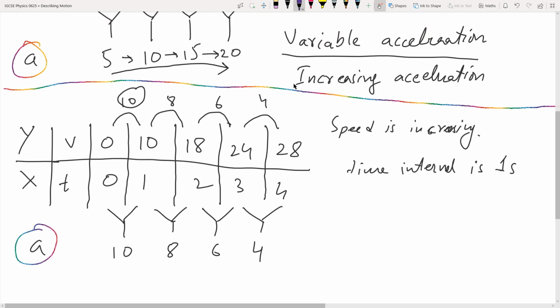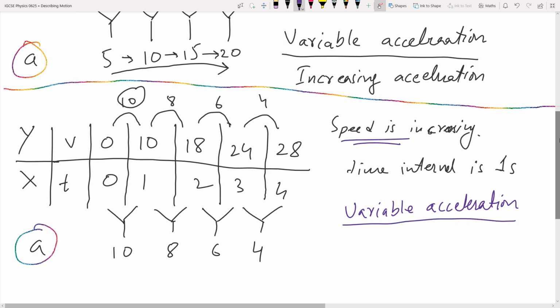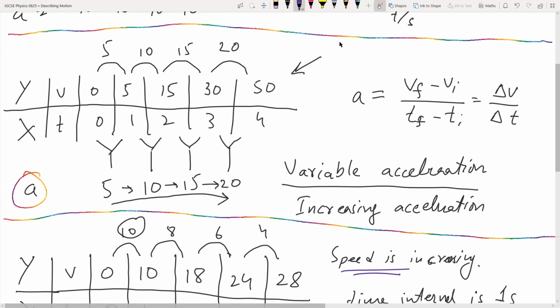This I'm going to refer to as variable acceleration too, but the trend is kind of opposite. And remember, the speed is still increasing, right? In this case, speed is again increasing while the acceleration was also increasing, right?